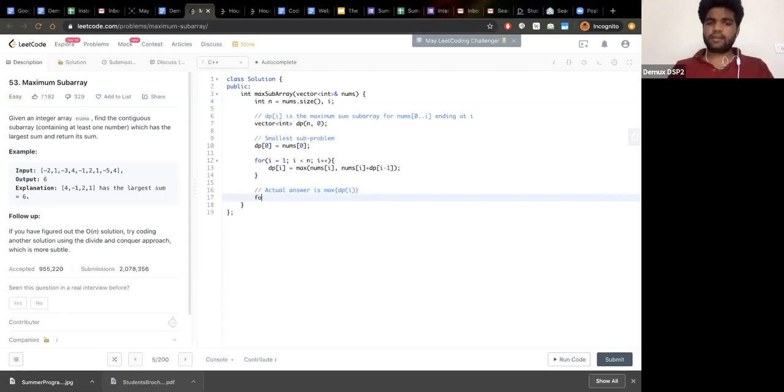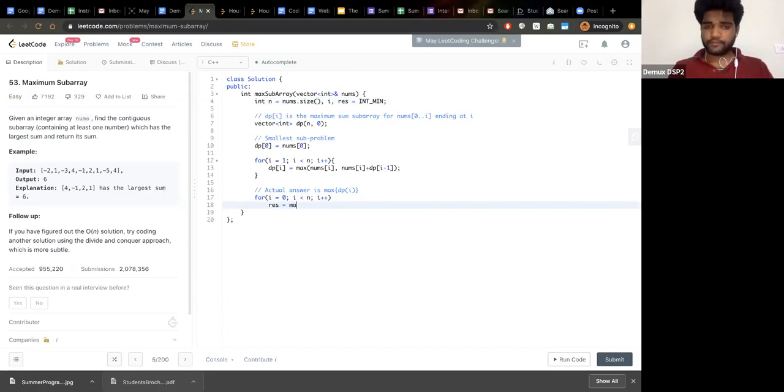So you could either run another loop or you could do it here itself. Both of them are fine. Let's try both of them. So let's say your result is integer minimum.